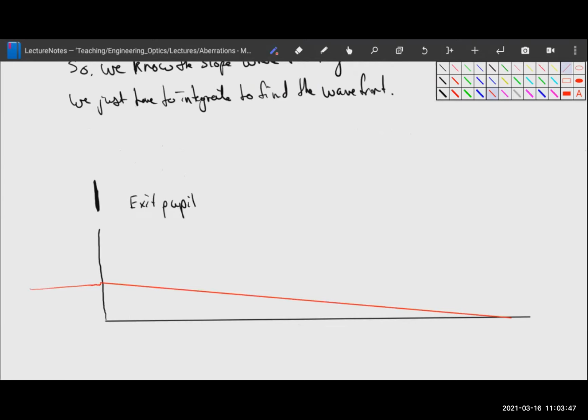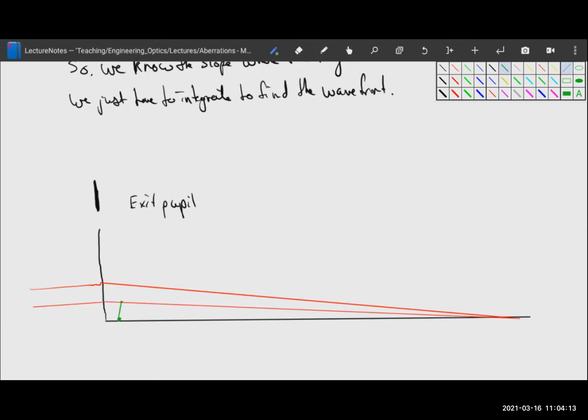We're going to have a previous point on our plane that we've already solved for right here, let's say, along with a previous ray. So let's draw our previous ray real quick, like this. So let's say our wavefront is going something like this right now.